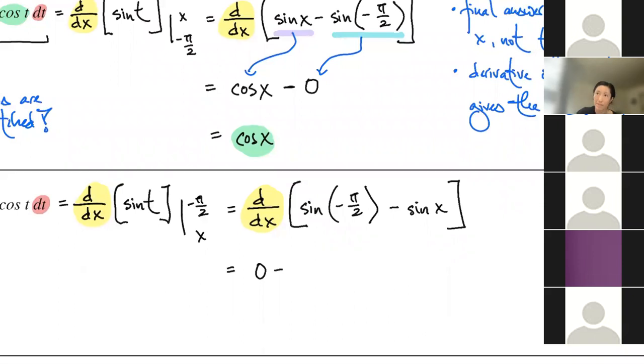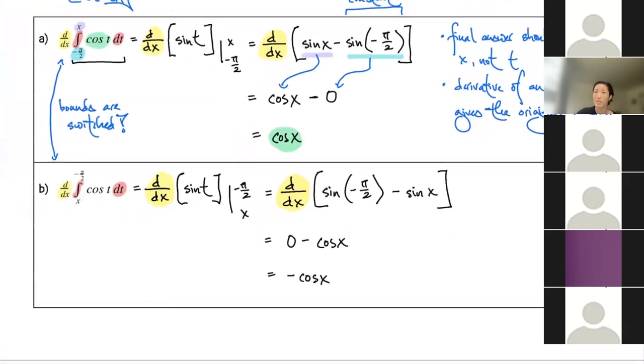Minus the derivative of sine x, which is going to be cosine x. 0 minus cosine x gives me negative cosine x. Your prediction was spot on. So we've talked about the bound reversing, meaning we change the sign of our answer, okay?